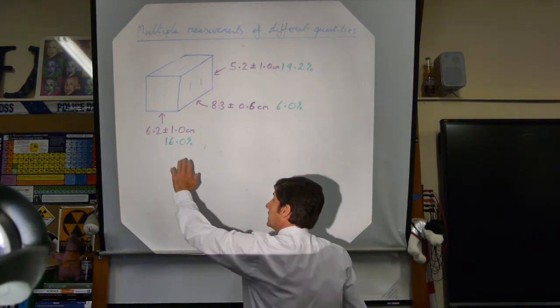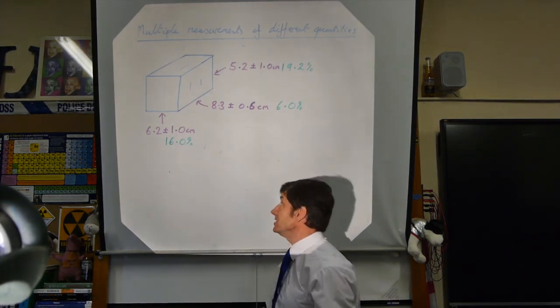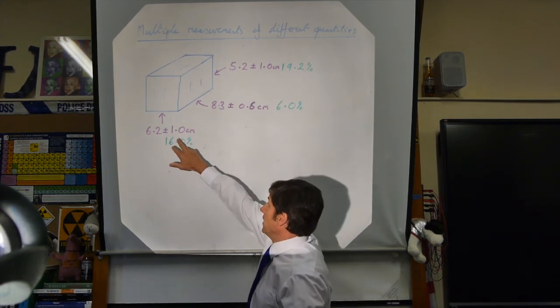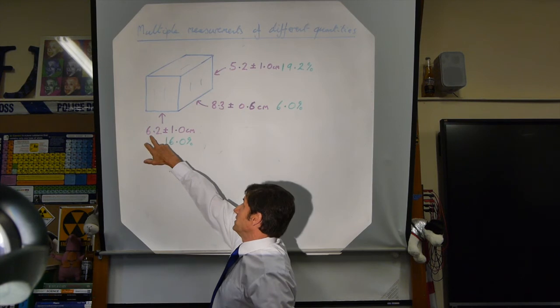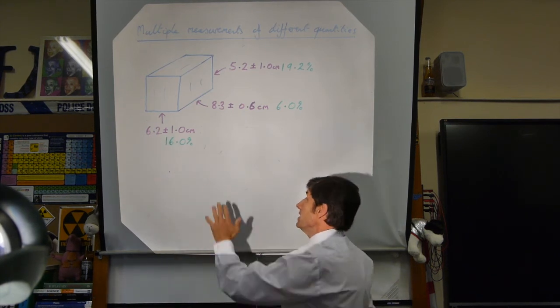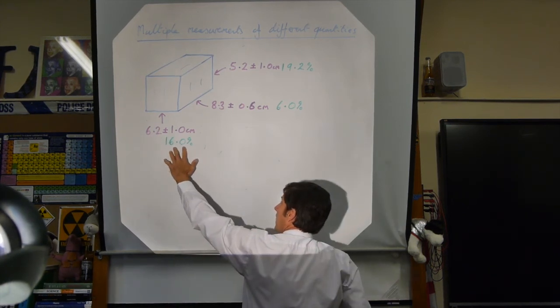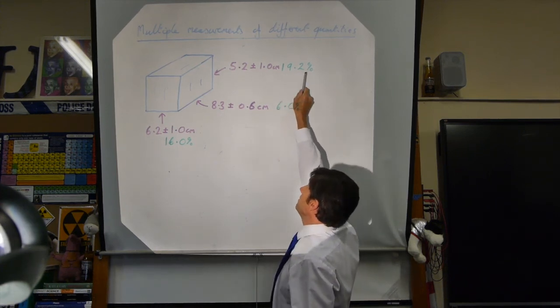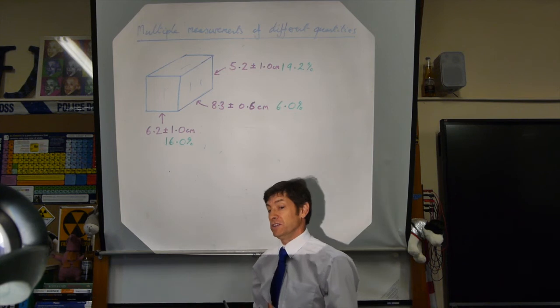And I've worked out the percentage uncertainty here. You remember how to do that: 1.0 divided by 6.2 times 100, which gives 16.0% uncertainty, 6% uncertainty, and 19.2% uncertainty.